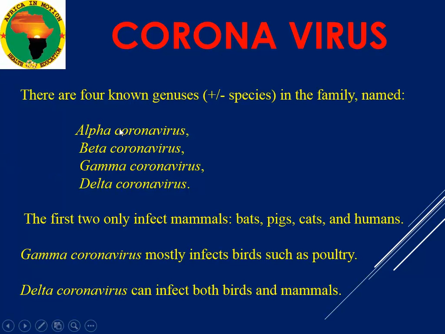The first 2, alpha and beta, only infect mammals like bats, pigs, cats, human beings. Those are the beings that breastfeed. Gamma coronavirus, the third one, infects birds such as chickens, while the 4th one, delta, can infect both birds and mammals.